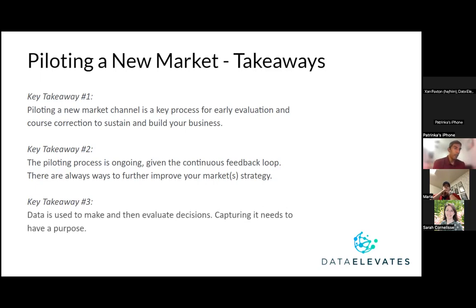And then finally, in relation to data itself, it's used to make and evaluate decisions. If there's one point to note for all 3 sessions that we've had, it's the idea that data needs to have a purpose. This is why we keep going back to the idea of data for decision making.